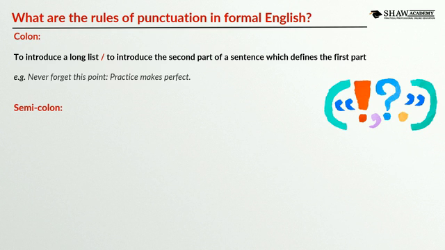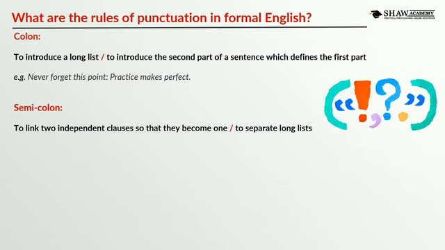Now, next up, we have the semicolon. Now, the semicolon can cause trouble, but the good thing to notice about the semicolon is it can be avoided a lot of the time. So, to link two independent clauses so that they become one, or to separate long lists.